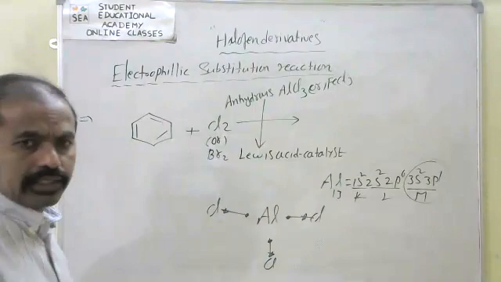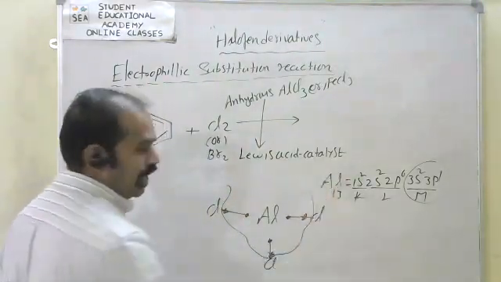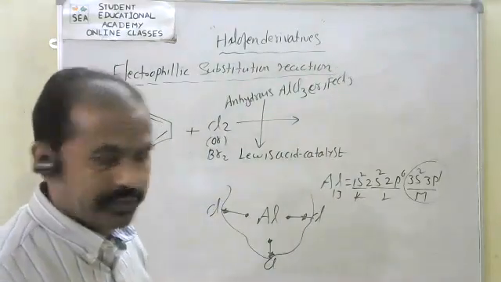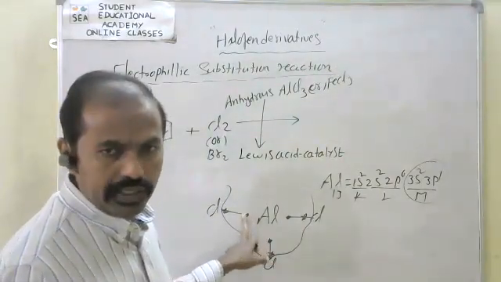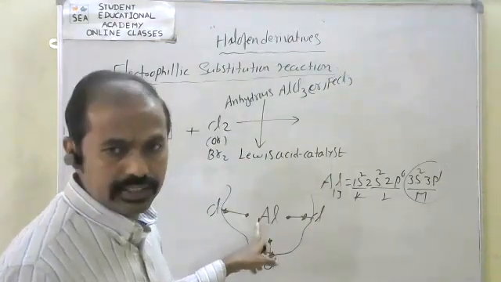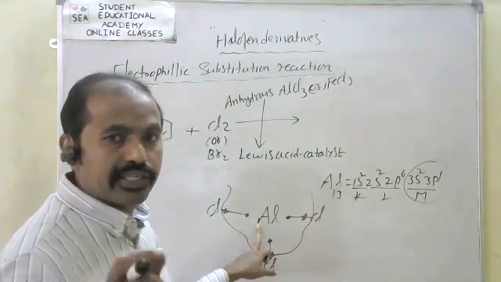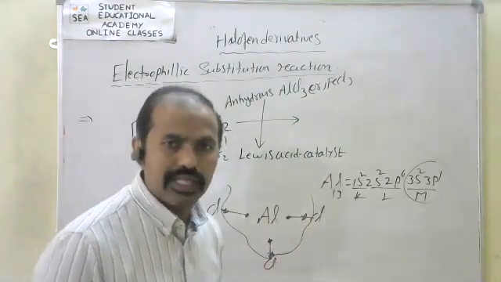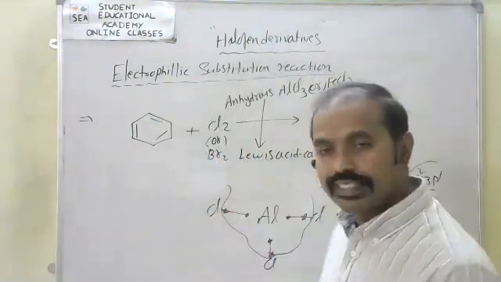In this molecule, the central atom aluminum is surrounded by a total of only 6 electrons. It is surrounded by 3 covalent bonds, each bond is 2 electrons, so the total is 6 electrons. So it is an electron deficient molecule, with less than 8 electrons.